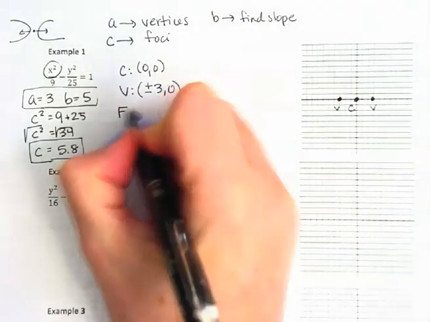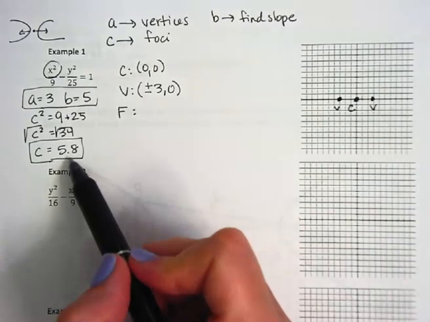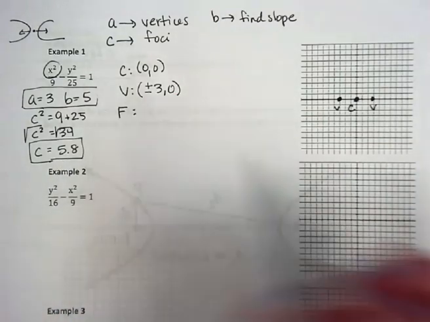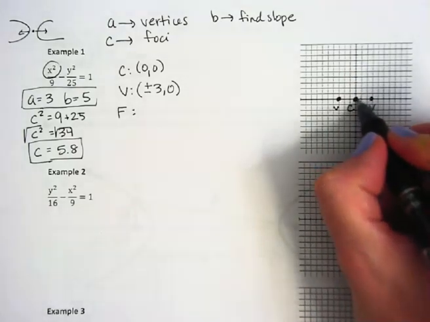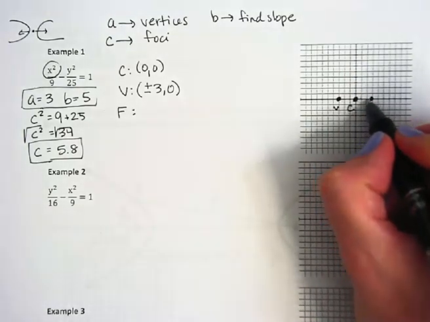Let's find our foci now. The C value, 5.8, finds our focus, so go back to your center. You're going to count 5.8 to the right and then to the left.